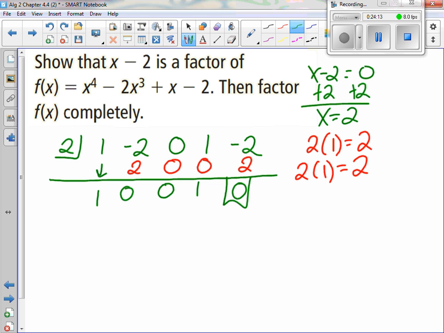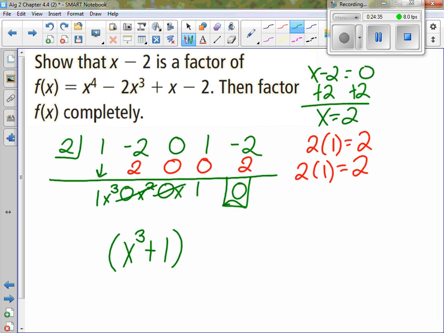Now what we can do is we can go back in and put in our variables. So our remainder, the number next to it would be the term without x. We have the term with x, the term with x squared, and our term with x cubed. So really what I have left over is x to the 3rd plus 1.